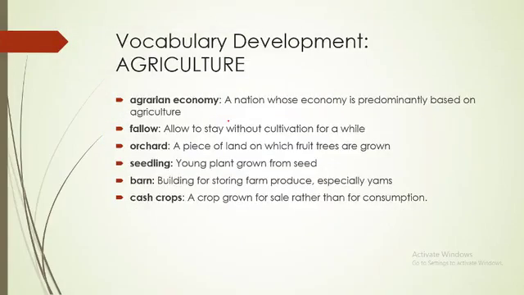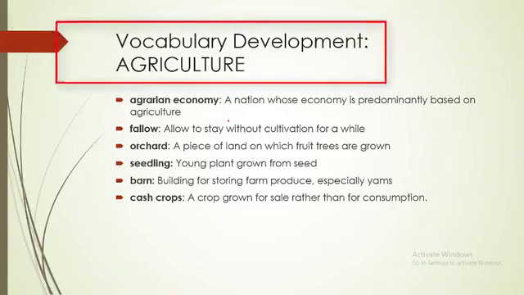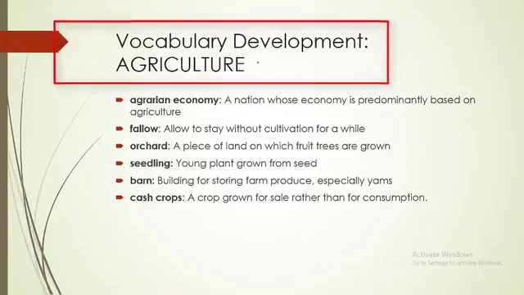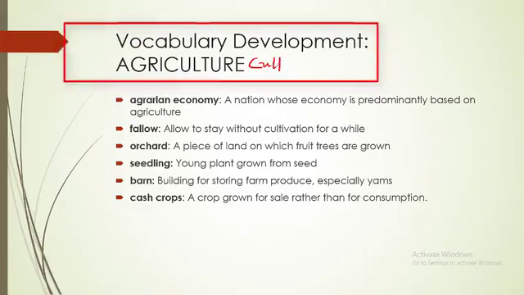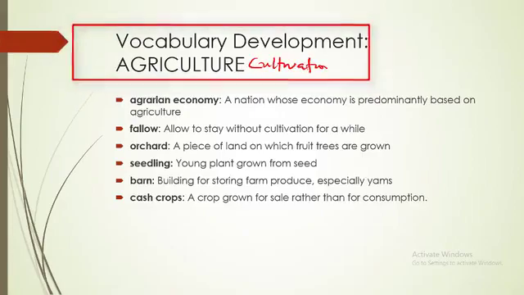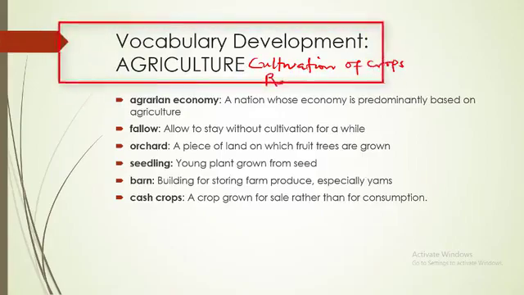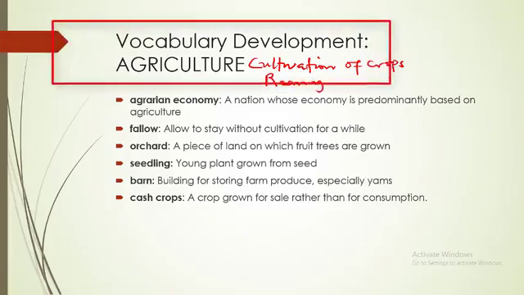Now let's move on to what you call agriculture. And what is agriculture? The cultivation of land, or what you call the cultivation of crops, and rearing of animals for the benefit of mankind.